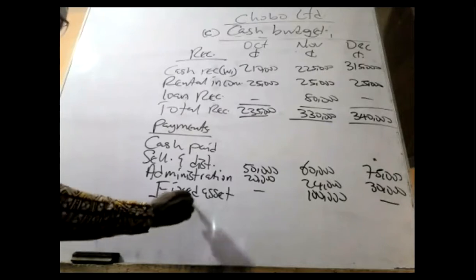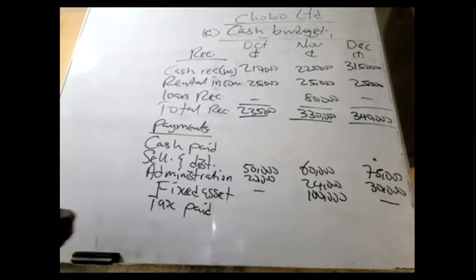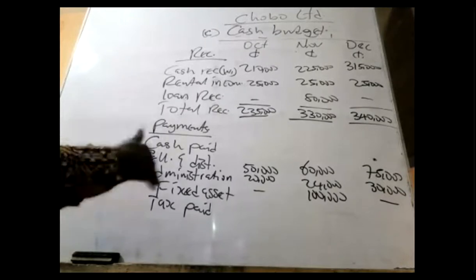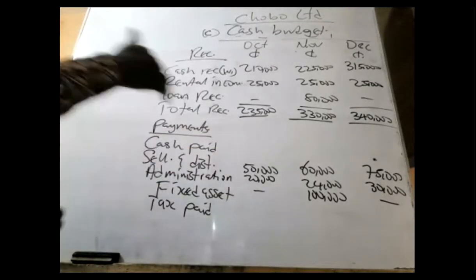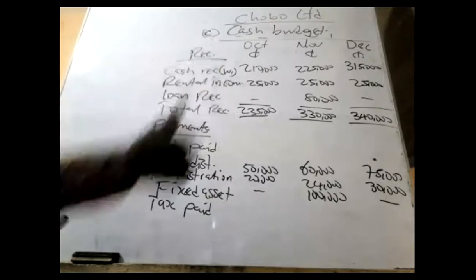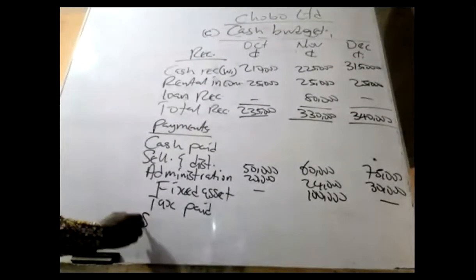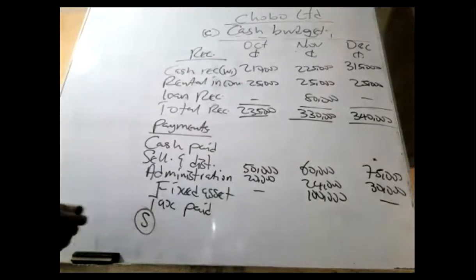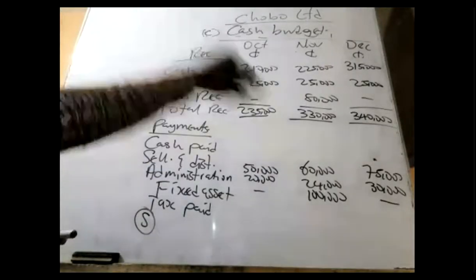So let's add tax. So tax paid. Now, tax will be paid one month in arrears. So September tax will be paid in when? October. October tax will be paid in November, and November tax will be paid in when? December.